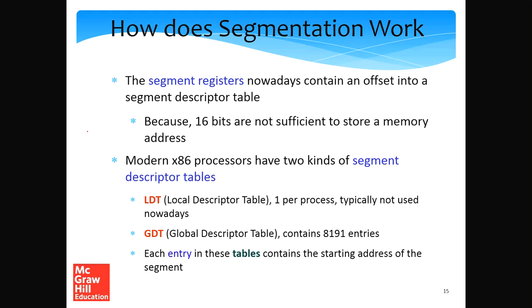So again, just to show an example, let's say the CS register, which contains the code segment, instead of pointing to a memory address, actually points to a location in a large system-wide table. You can call it a segment descriptor table. Since it's a 16-bit quantity, this table can have at the most 2 raised to power 16 entries.